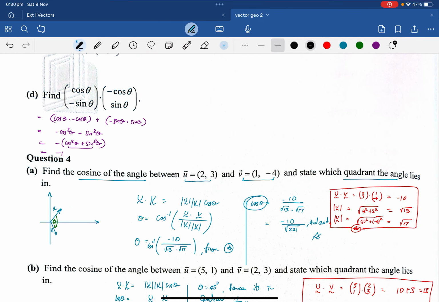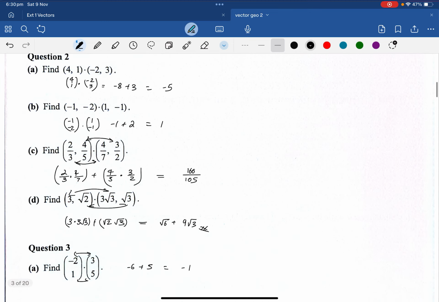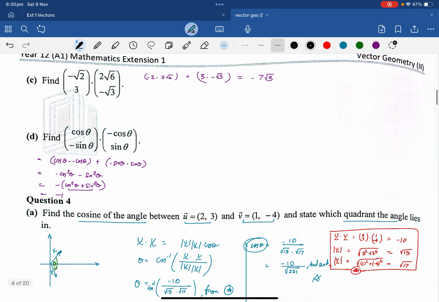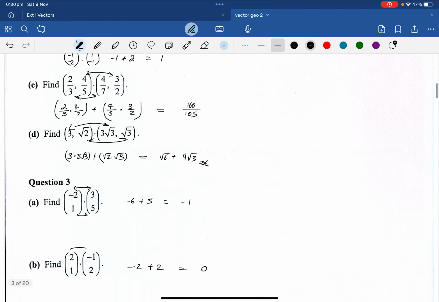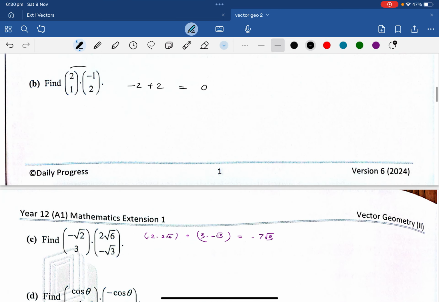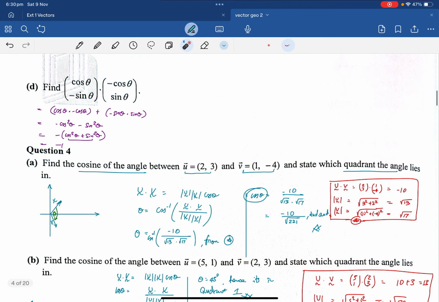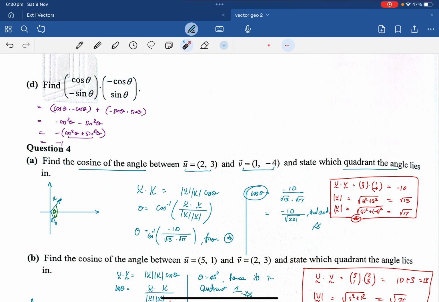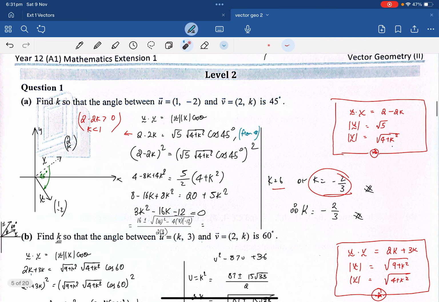But let me just show you something real quick. When we go here, and you go up ahead, when we dot producted two vectors, why did we not take into consideration theta at all?